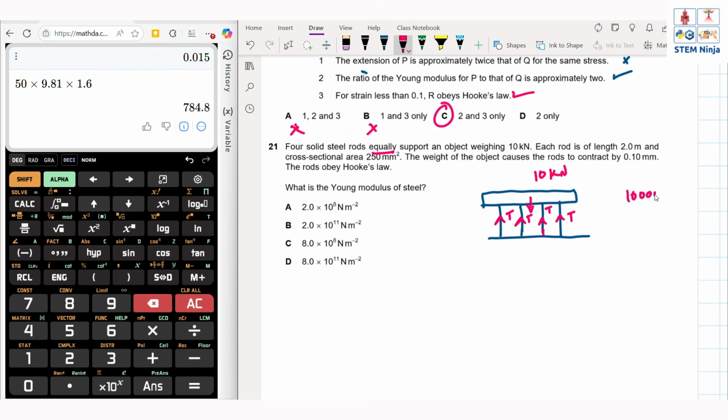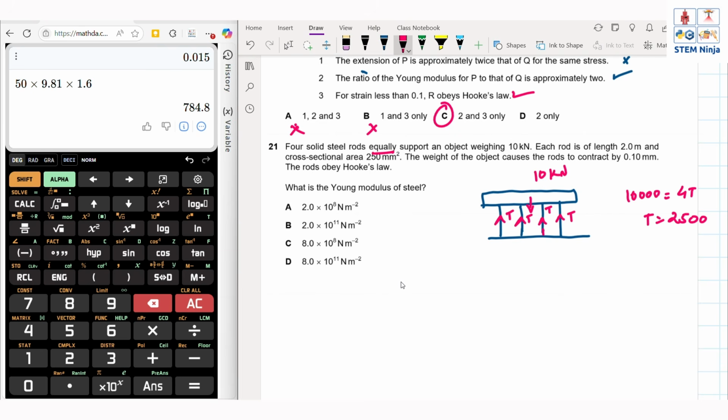Since this is in equilibrium, 4 times T equals 10 kilonewton, so T would be basically not 250, 2500. Okay.